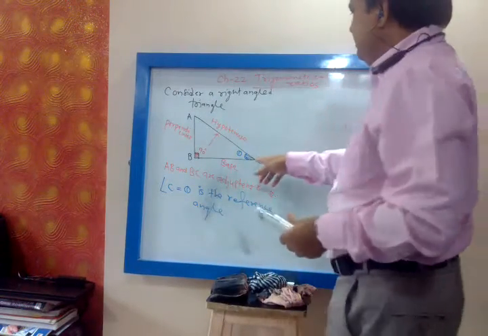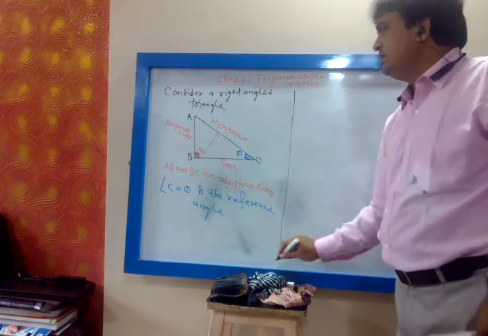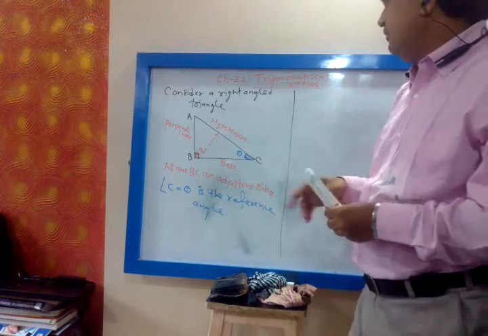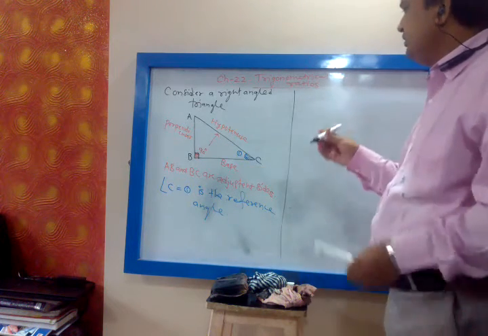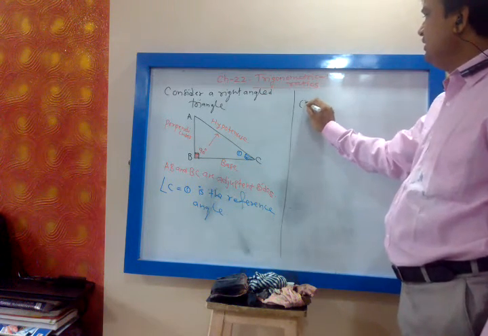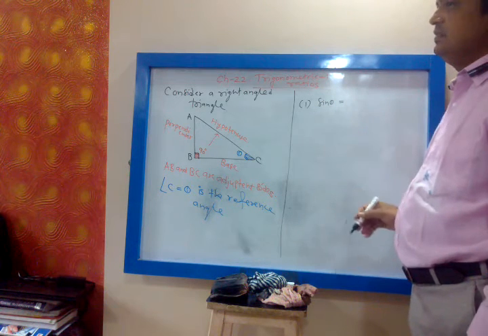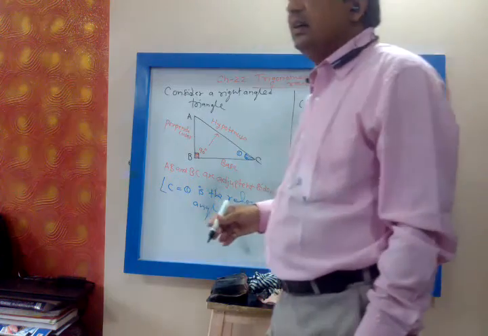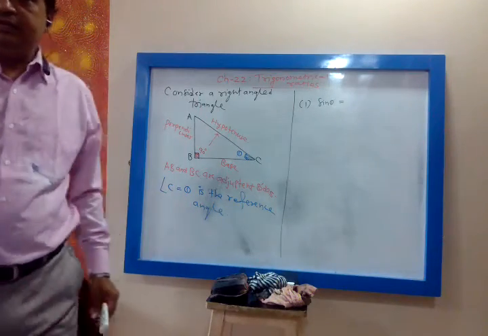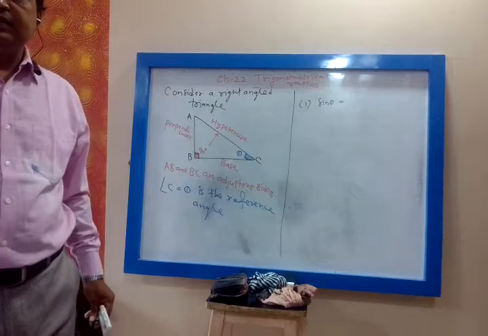With respect to this reference angle theta, we can find the trigonometrical ratios. The first trigonometrical ratio is sine theta.